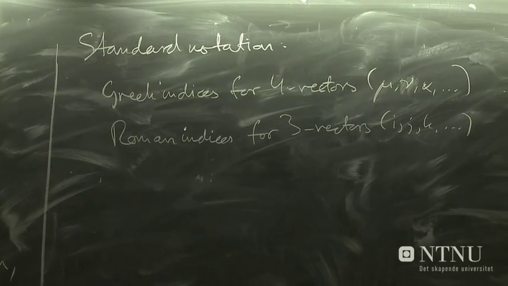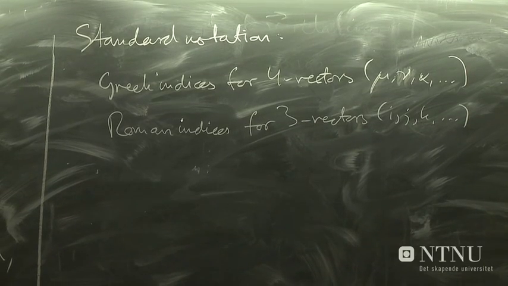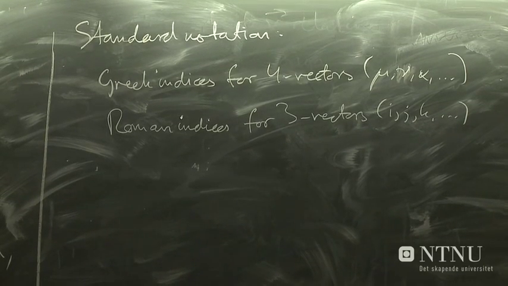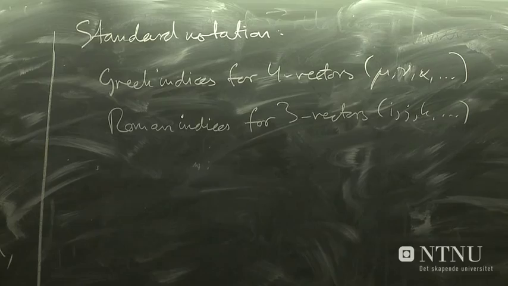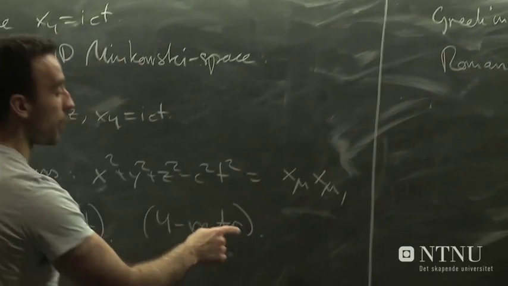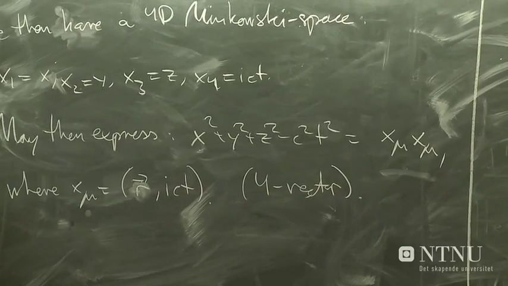So we can now very compactly express the invariance of the speed of light by saying that this x mu squared, the norm of this 4 vector, is a constant.